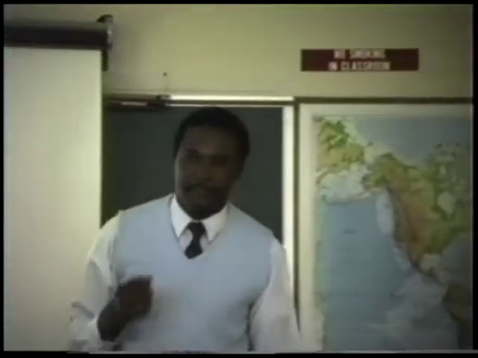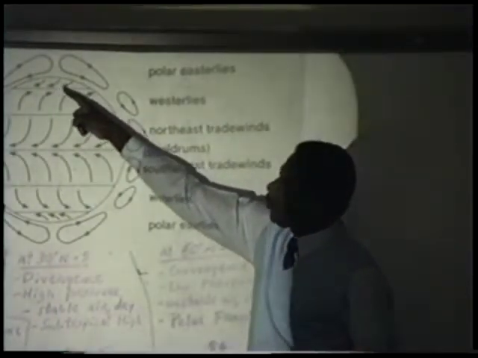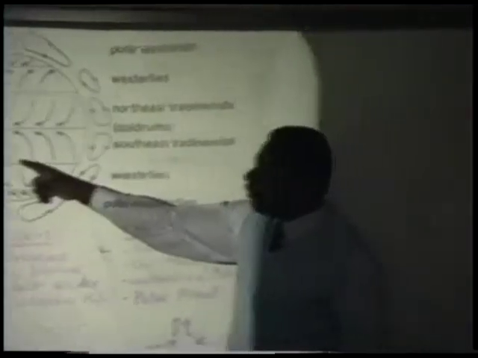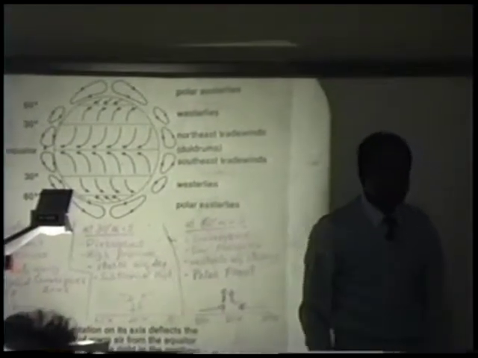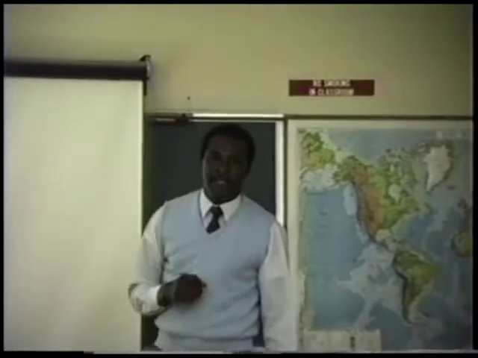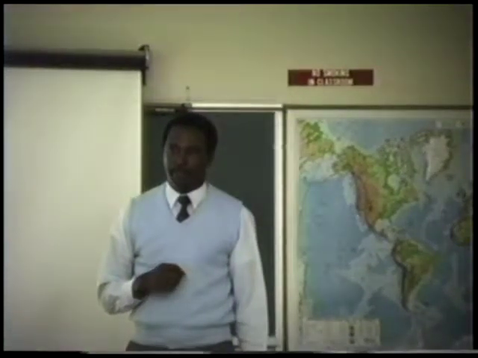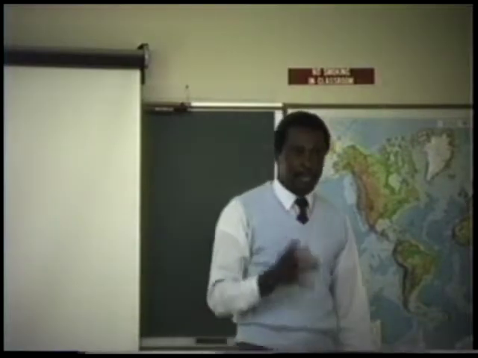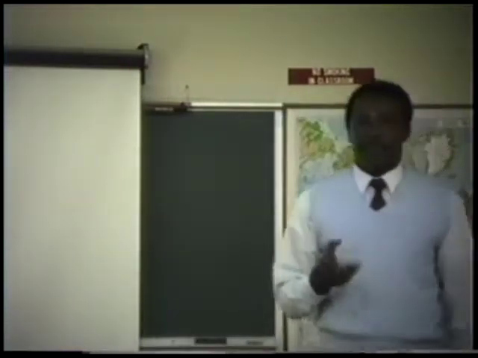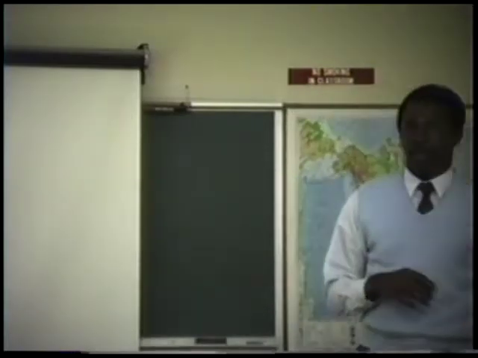So as we move, for example, from the North Pole to the South Pole, as we cross these strategic degrees of latitude, we essentially go from high pressure at the North Pole to low pressure at 60 degrees north, to high pressure at 30 degrees north, to low pressure at the equator, to another high pressure belt along 30 degrees south, and another low pressure belt at 60 degrees south, and then finally a high pressure area over the South Pole. So these are your global pressure belts that have a significant effect on your global wind systems.